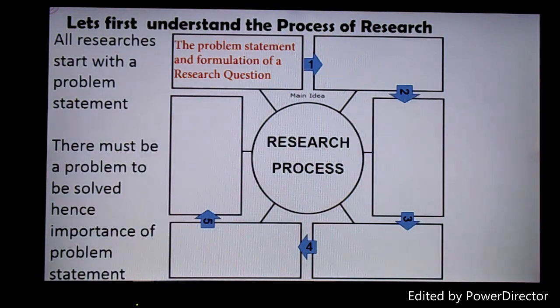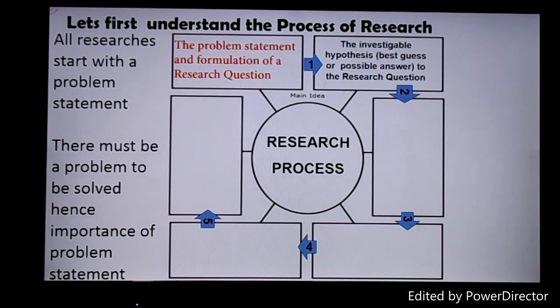The research process, as we can see, must start with a problem statement and formulation of a research question. Then, from there, we go to the investigable hypothesis, which is a best guess or possible answer to the research question. And then we design the methodology.